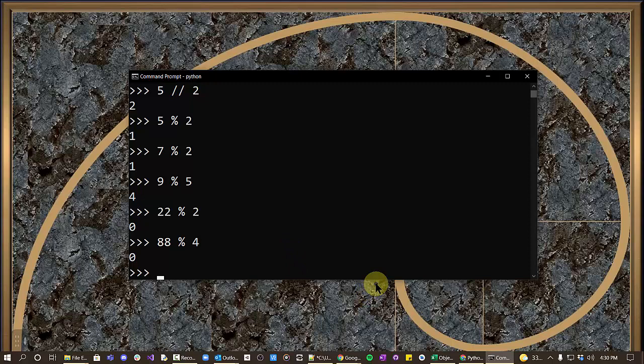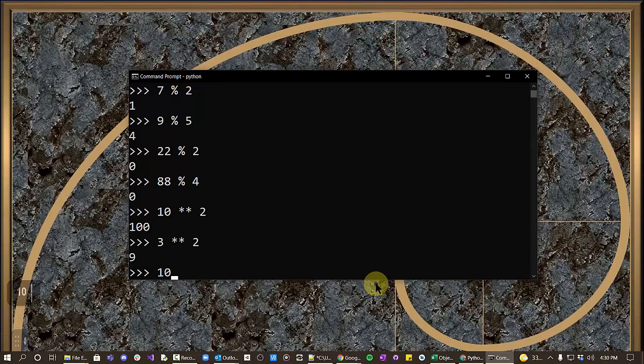Then the next thing is exponentiation. If we want to raise a number to a power, so 10, if we put a double asterisk, that doesn't mean multiply, that now means raise to that power. So this is 10 to the second power, and so we get 100. 3 raised to the second power, we'd expect that to be 9, and we do in fact get 9.